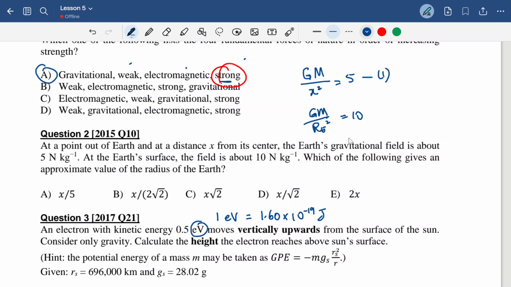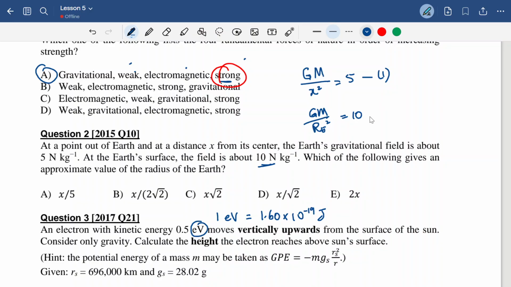In fact, sometimes a question may not give you the mass of Earth. So you can use G m over radius of Earth squared equals 9.8. If they give you the radius but they don't give you the mass, you set this to 9.8, not 10. Just like they give you 10, set this to 9.8, and you can actually find the mass of Earth.